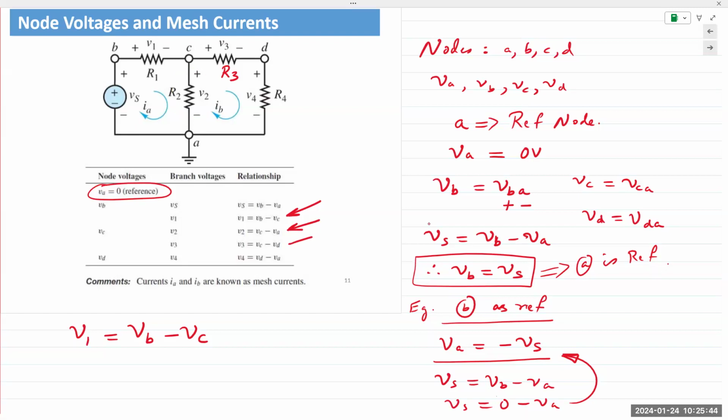And similarly, V3 and V4. Any questions? And again, things become clearer as we look at examples and go further into this technique.